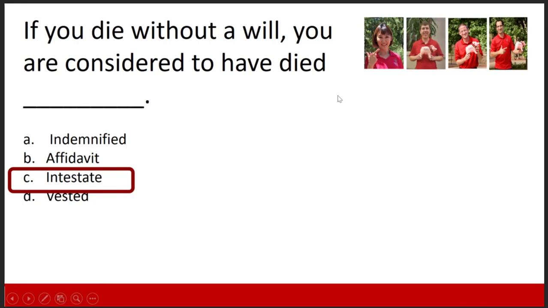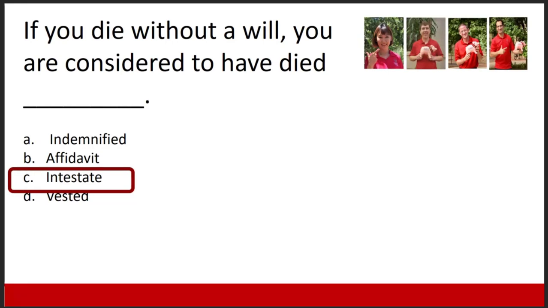Vested means how much money you can take out when you are leaving your job from your retirement account. And B, I think, is a type of law document. I'm not sure if we have this in this course. And A means that you will receive money for the loss that you actually have.